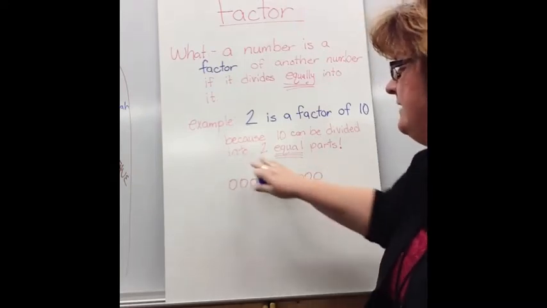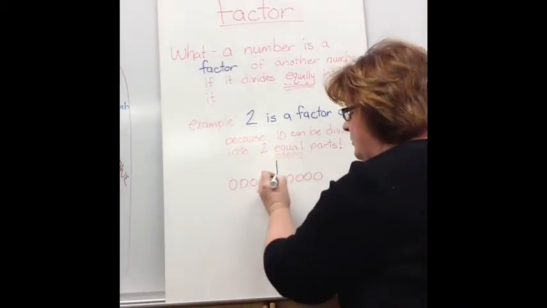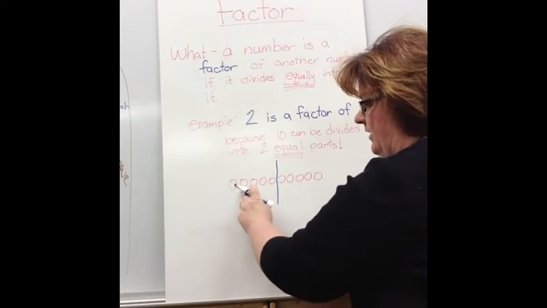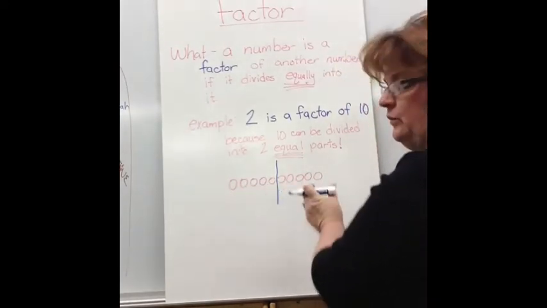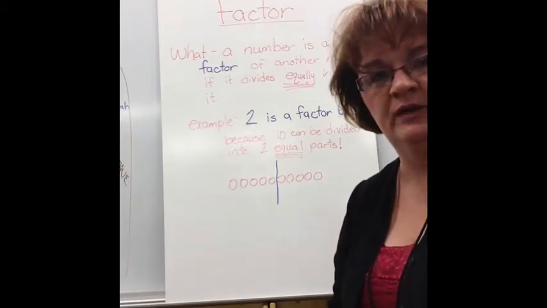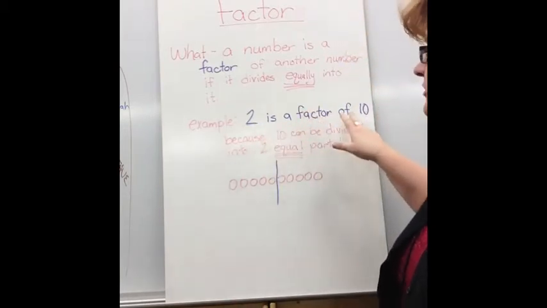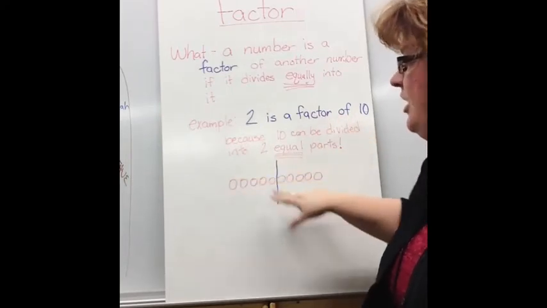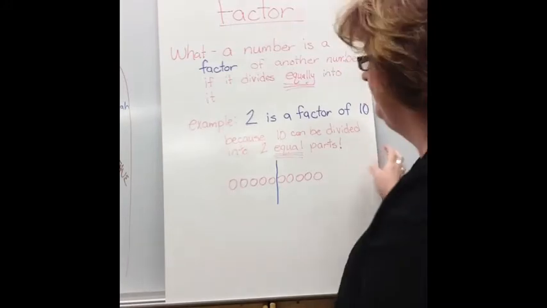Can we break this group of 10 into 2 equal parts? Well, I know that I could break this right here, and we would have 1, 2, 3, 4, 5, and 1, 2, 3, 4, 5. We would have 2 equal parts in this group. So therefore, 2 is a factor of 10 because we can break 10 into 2 even parts.